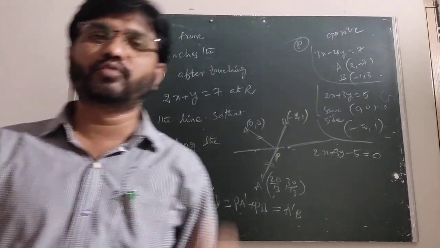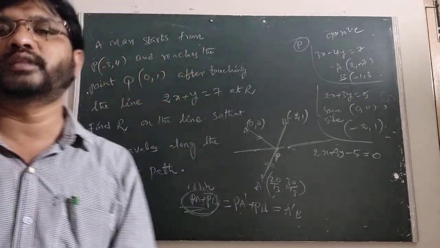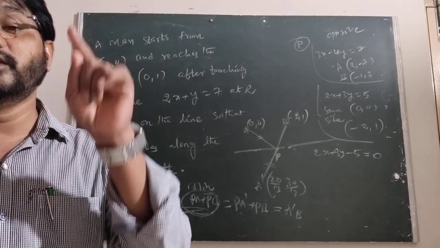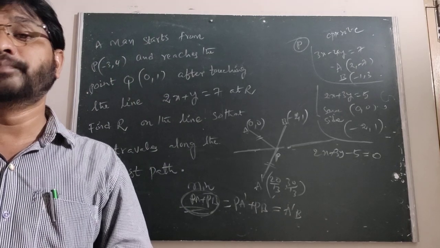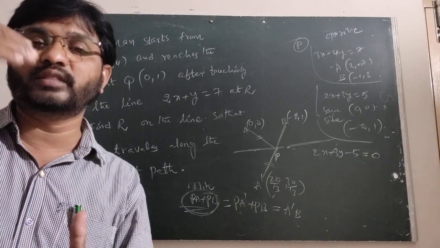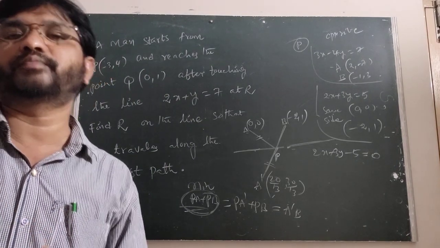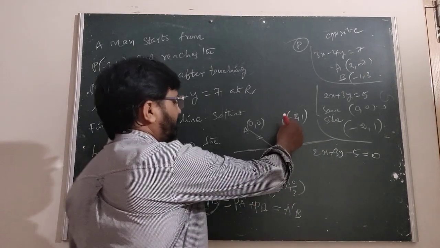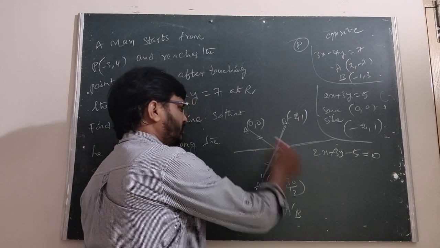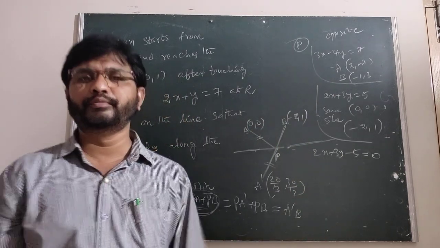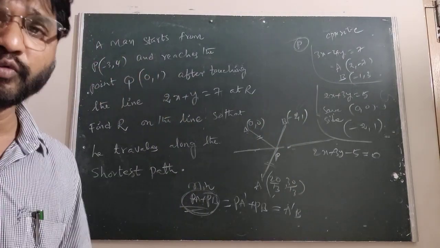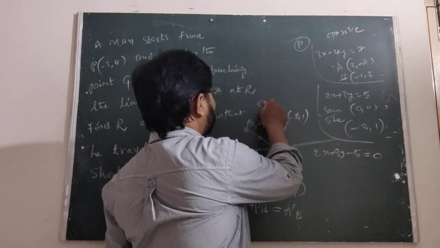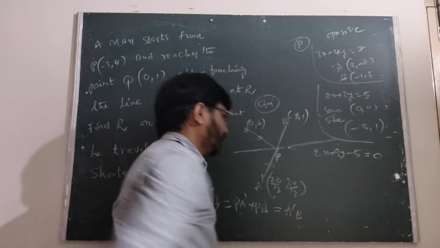We find the image of one of the points, then the distance between the image and the other point is called the minimum distance. Suppose we take the image B dash, then AB dash is also the minimum distance when the points are on the same side. This is case 1.